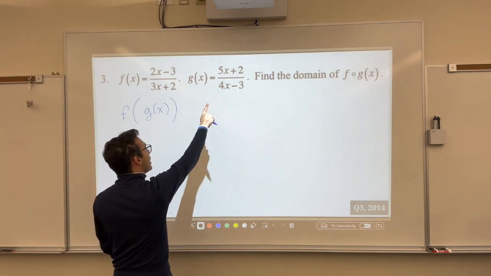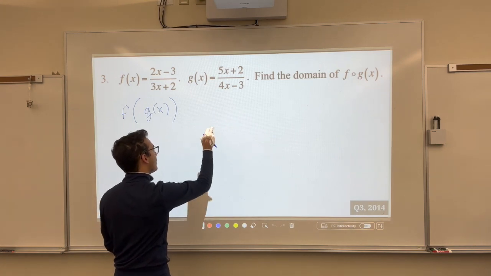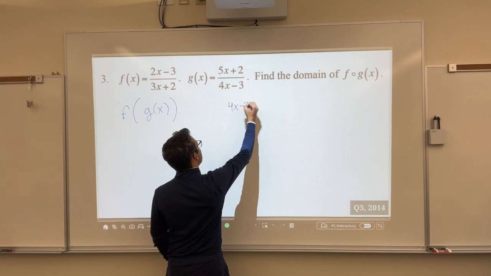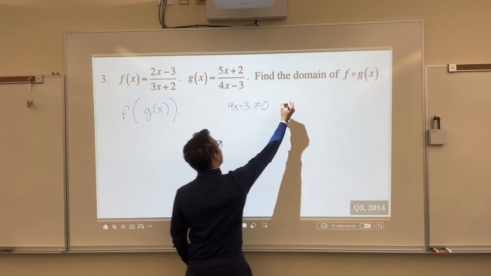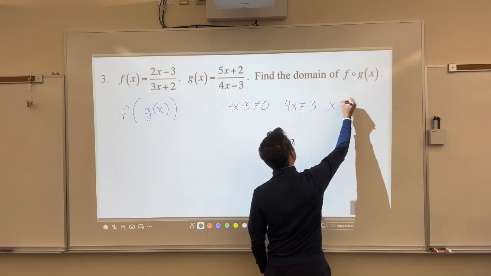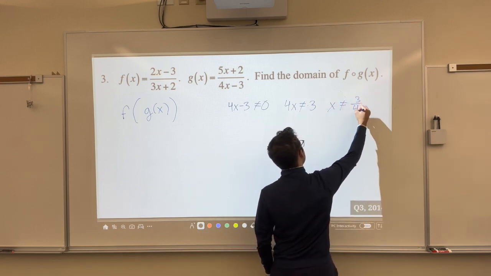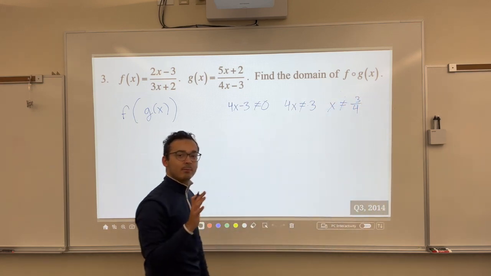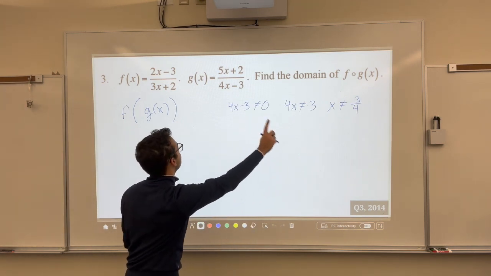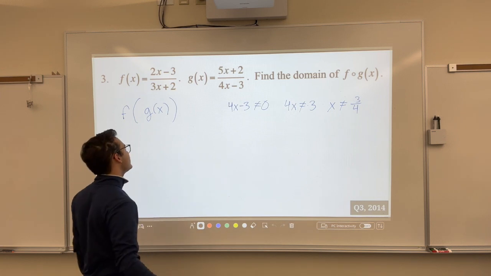So this denominator cannot equal 0. So we have 4x minus 3 cannot equal 0. 4x cannot equal 3, and therefore x cannot equal 3/4. So we have to remember that that is one value of x that is not valid for f of g of x. So we found the domain of g of x.